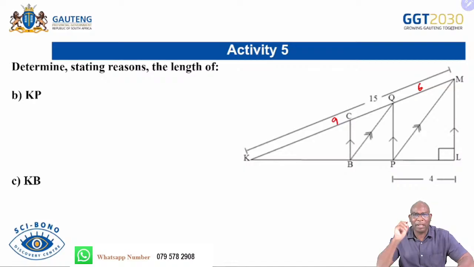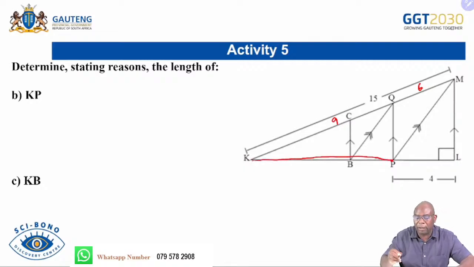How am I going to get the length of KP? Remember, we're stating the reasons. For that other one, remember the reasons for that, for KP now will be, we are going to use the proportionality theorem. So KP, where's KP? I can see there's KP. KP is that line here. So now I need to find out what will be the length of KP. So the length of KP cannot be the same as the length of KQ.